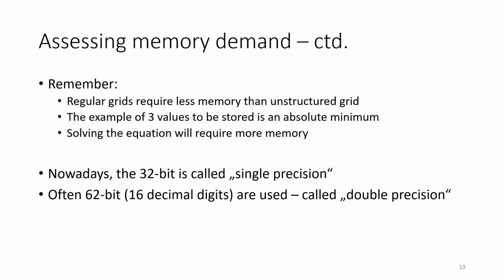Well, okay, so what I just said is written here. One interesting point is that we have the 32-bit, what we call nowadays single precision. If you buy a modern PC, it will tell you it's a 64-bit operating system. There's a mistake here, it should be 64, not 62. This is what we call double precision.